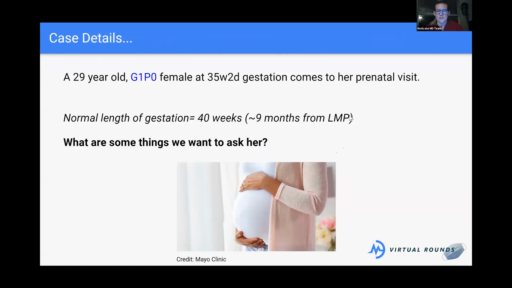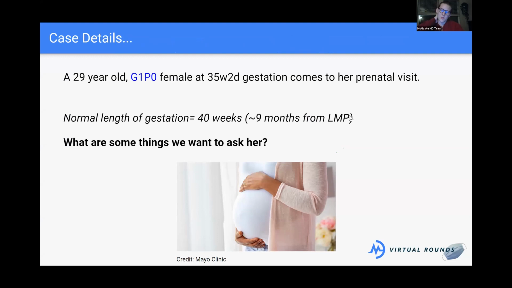I'm going to start our case now. We have a patient who comes to clinic, a 29-year-old G1 P0 female who is 35 weeks pregnant in 2 days. She's here for just a routine prenatal visit. As most of you probably know, the normal length of gestation is 40 weeks, which is approximately 9 months from your last menstrual period.